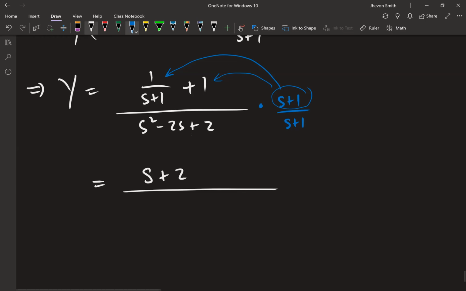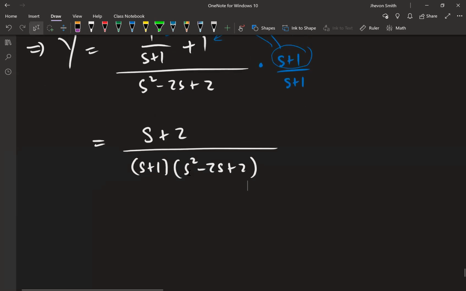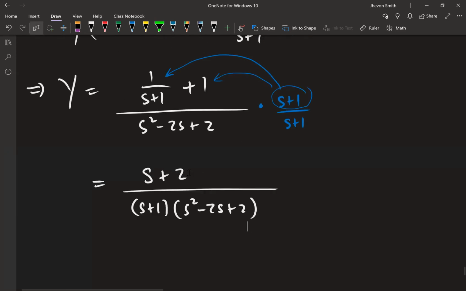In the denominator, I would have s plus 1 times s squared minus 2s plus 2. And now what? So that is our answer, by the way. So this is the answer in Laplace transform.